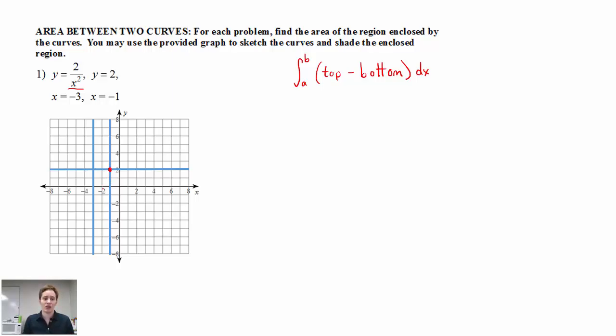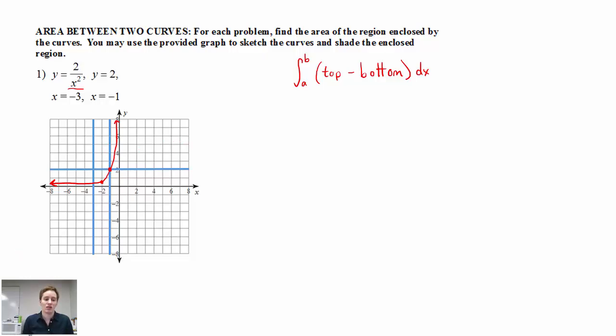When I plug in -2, I do 2 over -2 squared and get a half, and so that means it's down here. And if I have knowledge about 2 over x squared, or if I'm looking at my graphing calculator, I know that this should go down and to the left towards 0, up and to the right towards 0 this way. And then we want to shade between y equals 2 and 2 over x squared.